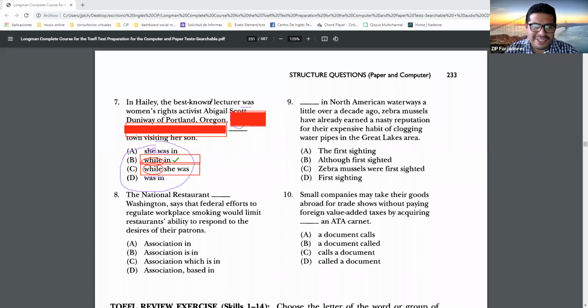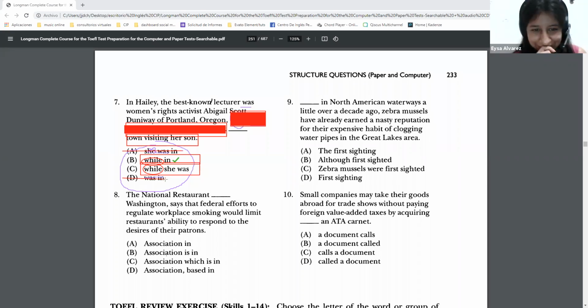"While in town visiting her son" is the clause. It could be letter B or it could be letter C. Letter A cannot be because we need a connector. Letter D cannot be because we need a connector. So letter A and letter D cannot be. The only two that have connectors are "while" and "while she was."